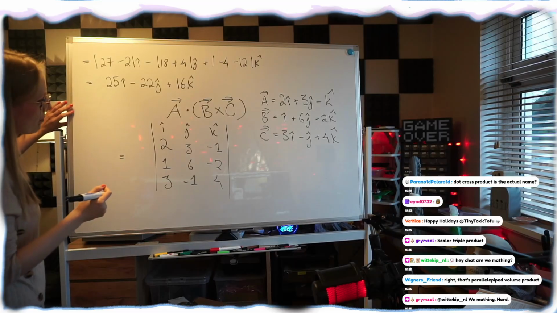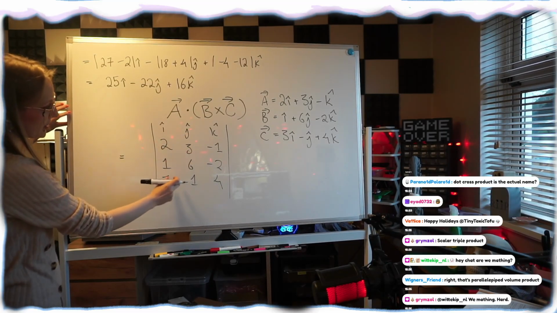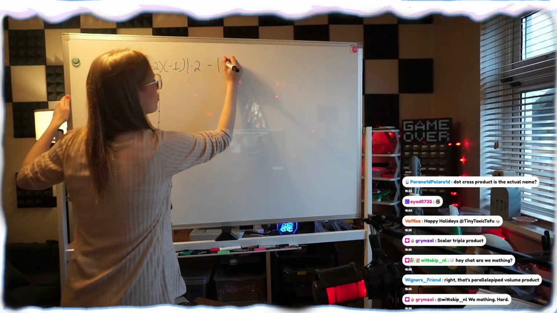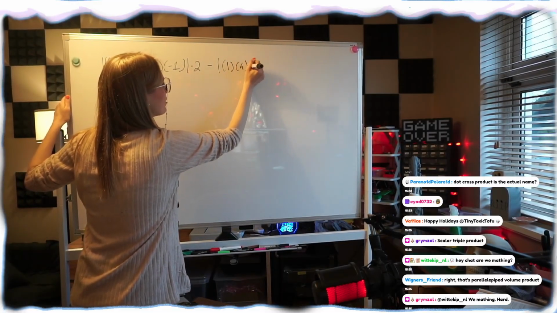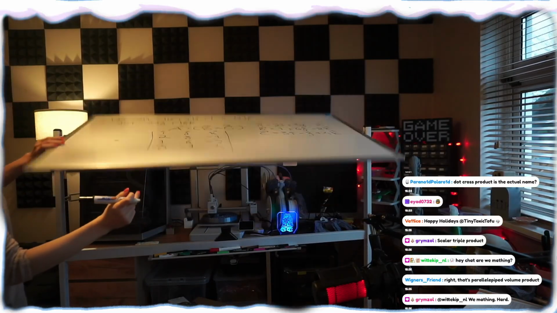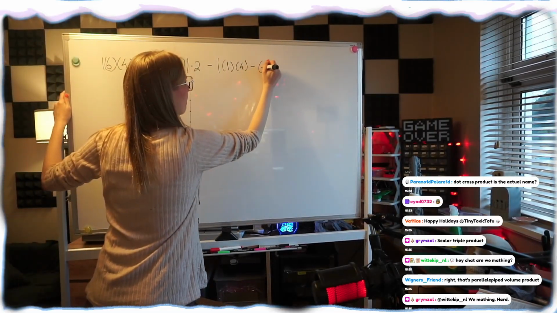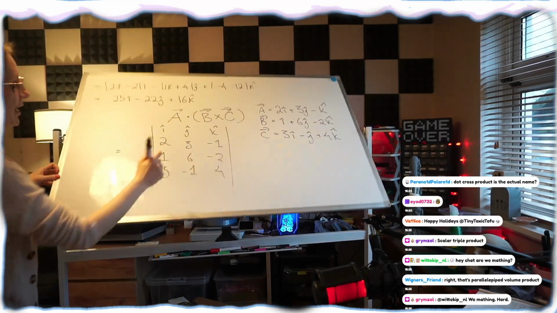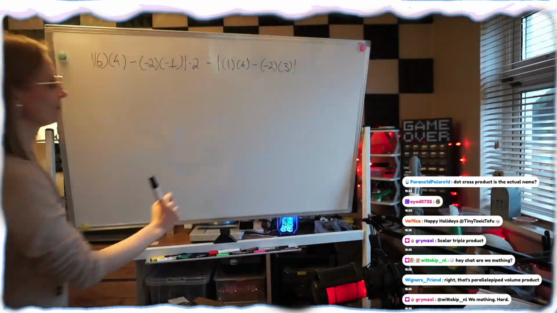So now we're going to look at this one. It's going to be 1 times 4, 1 times 4, minus 2 times 3, times A2, and A2 is equal to 3.